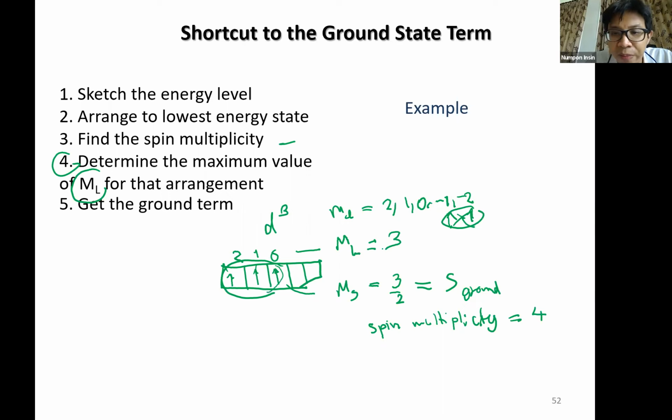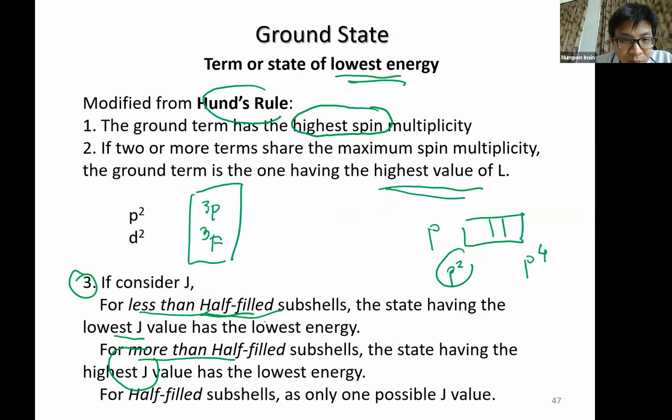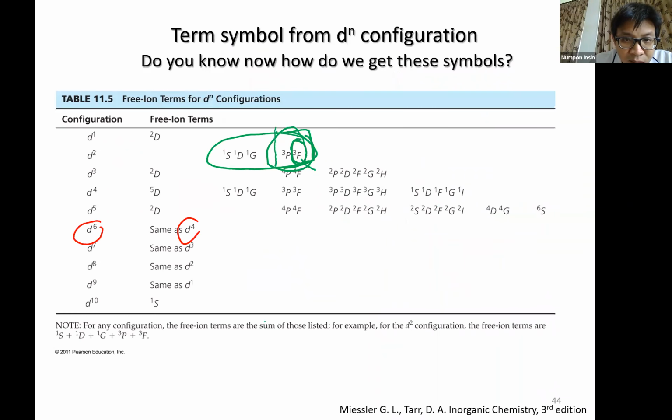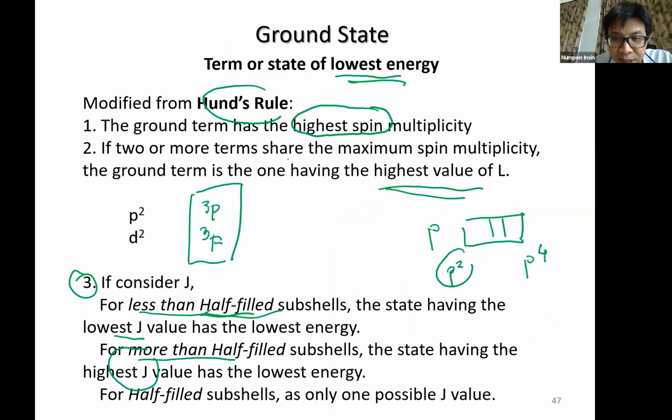Okay, so from this you can take this one as the L of the ground term. So the answer for this one is, S, P, D, F, so F term. It is a quartet F term. So d3 is going to be the quartet F, which is the ground state of this system.